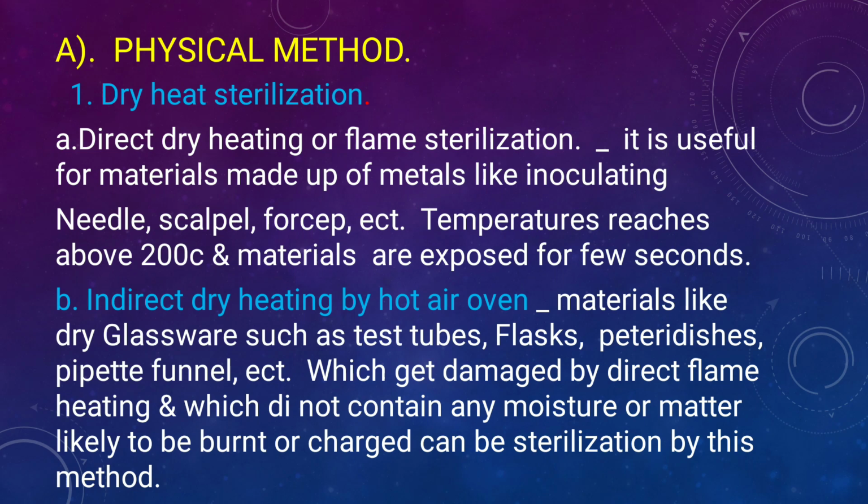You keep the glassware in the hot air oven for a period of 1 to 2 hours at a temperature of 160 to 180 degrees Celsius. Within 1 to 2 hours the temperature of the hot air oven reaches 160 to 180 degrees Celsius, and at that temperature the material is made completely free from microorganisms, that is, it becomes sterile.